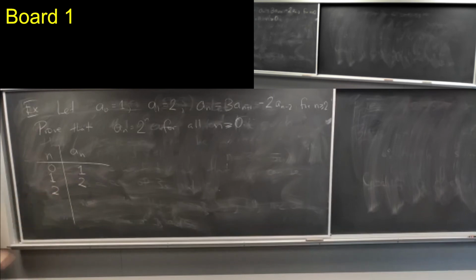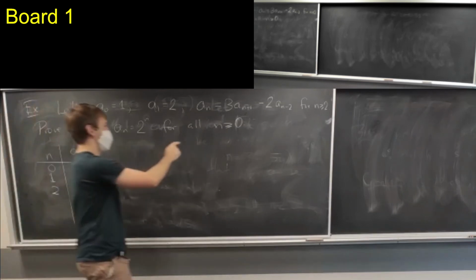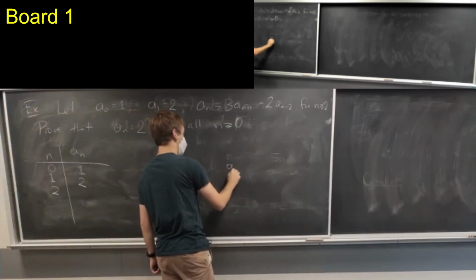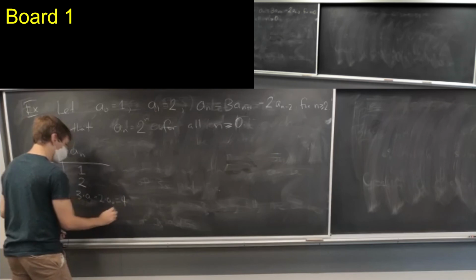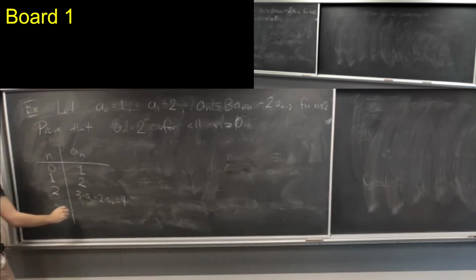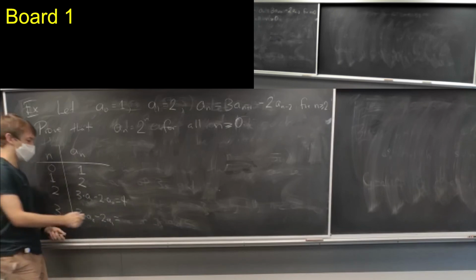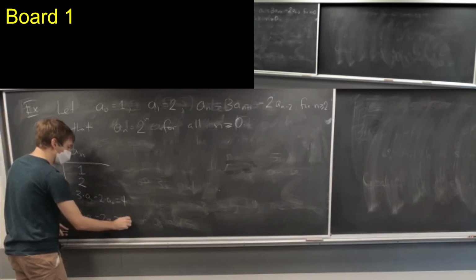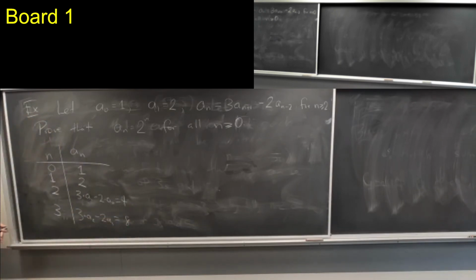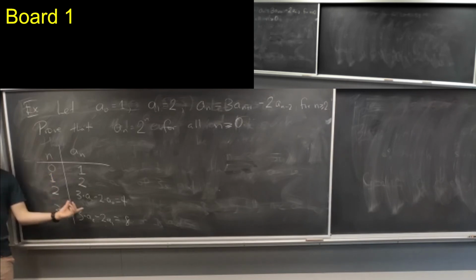If n is 2, by definition, a2 is 3 times 2 minus 2 times 1, so it's 6 minus 2... which is 4, right? And so you can see a sort of pattern. This does look like the powers of 2 for all n. Okay. So is it clear how I'm computing these things?